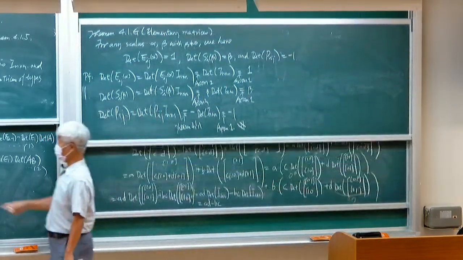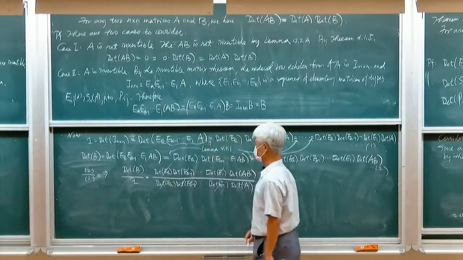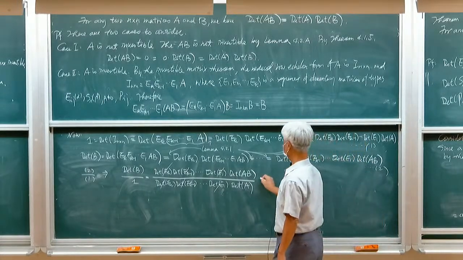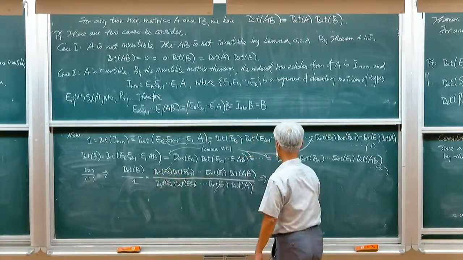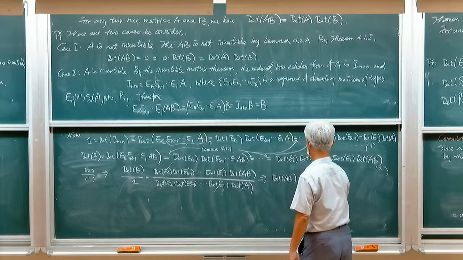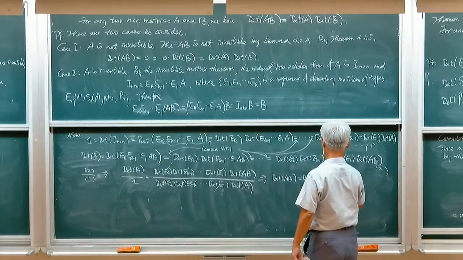So it's okay to put them here. So we can cancel them and move the denominator to the other side. So we have the determinant of AB is equal to the determinant of A times the determinant of B. And we have done.